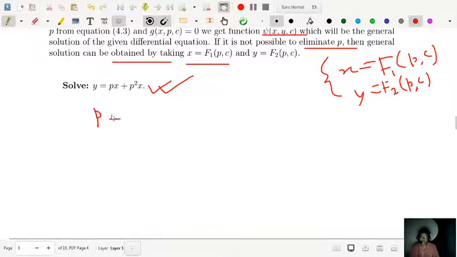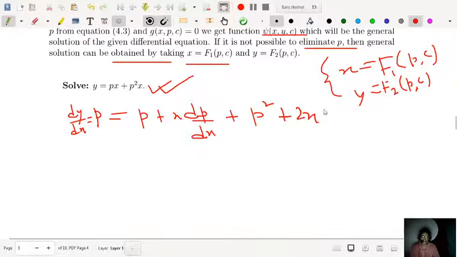Left-hand side will be p, that is your dy/dx, and p plus x dp/dx plus, what is the derivative of p square x? P square fixed, derivative of x is 1, and x fixed, so it is 2p dp/dx, right? And look at that, this is also p, p and p cancelled, dy/dx not equal to 0 from both sides.